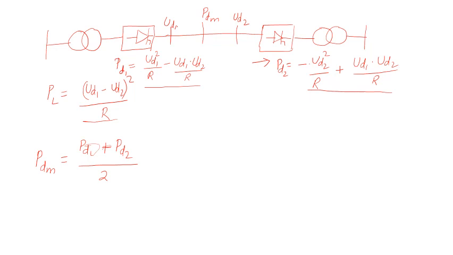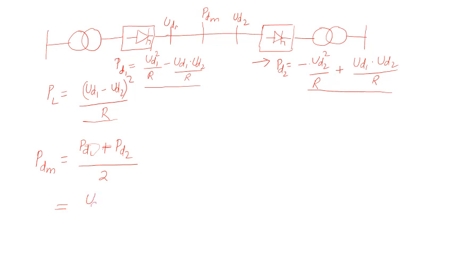If you put the values of PD1 and PD2 here, you get minus UD1 UD2 upon R, and plus UD1 UD2 upon R. So the minus and plus get cancelled. You are left with UD1 square minus UD2 square upon R, divided by 2.